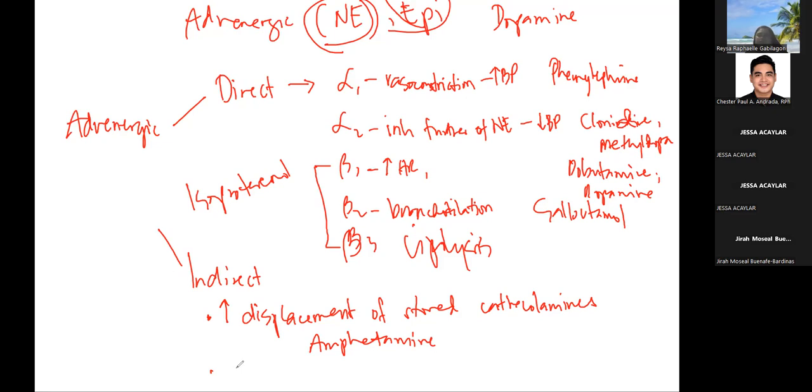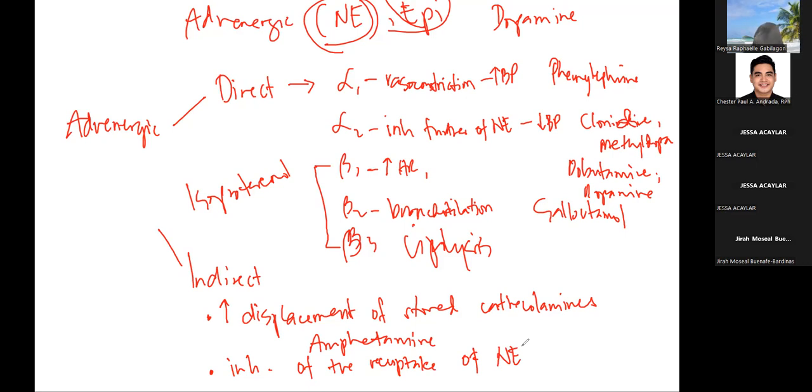And then we have another mechanism of action, and that is inhibition of the reuptake of norepinephrine. So when we studied the synthesis of norepinephrine, the norepinephrine transporter was included. So the NET's job is reuptake. It brings back inside the neuron, the nerve cell, the norepinephrine that was released.